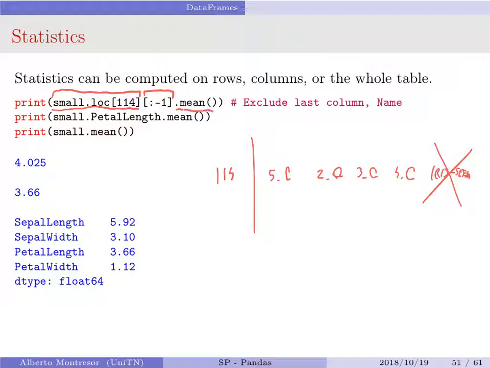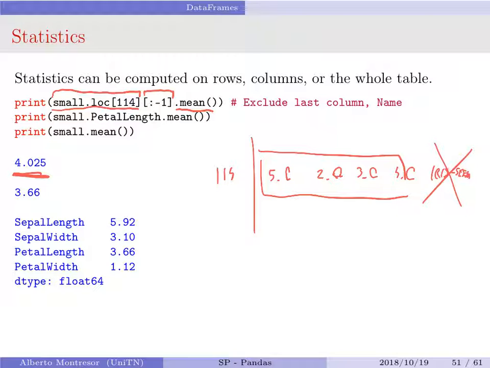And why can I compute the mean? Because what I obtain is a series, so I can apply the mean function. I can compute the mean of this and obtain this value that you see here. But this is on the rows, and it's quite complicated because normally you work on the columns.